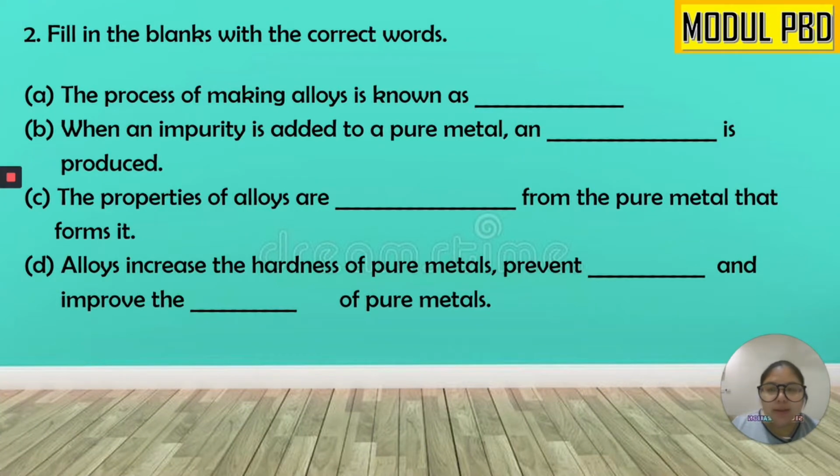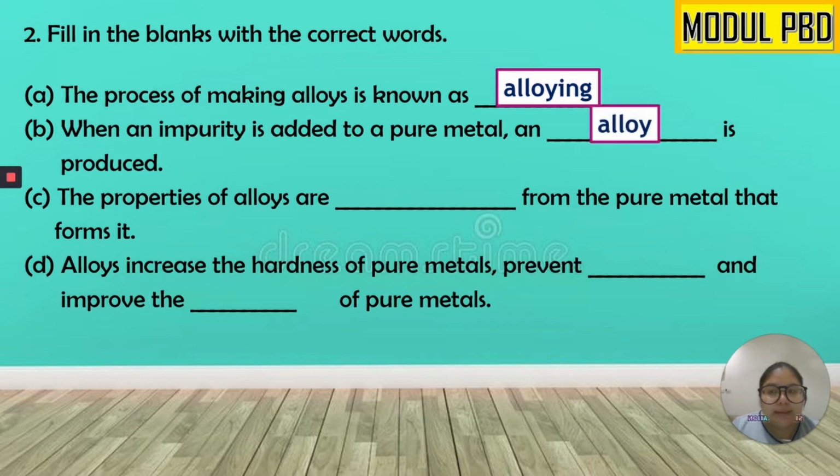Now we go to the second question, which is fill in the blank. We find the correct words, then fill in the blank. First one, the process of making an alloy we call alloying. So this one is a process name. B, when an impurity is added into the pure metal, what is produced? We produce the alloy.